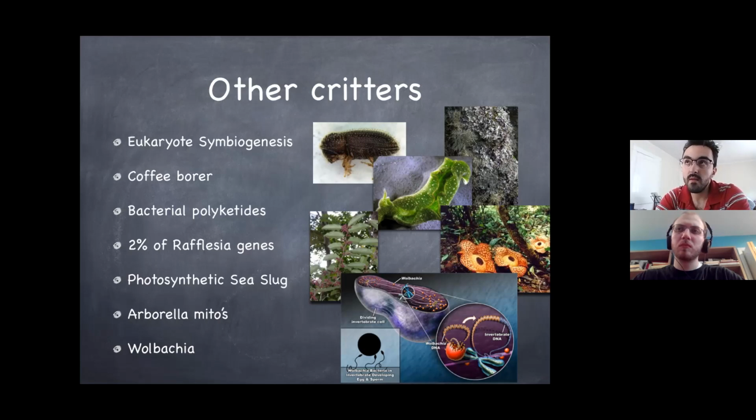So one is the coffee borer, and this research has been done because it's a major pest of coffee. It has a gene called HhMAN1, which encodes a mannanase, an enzyme that breaks down mannose, a type of sugar found in coffee.